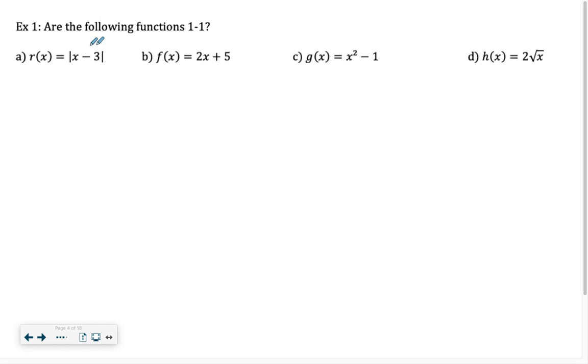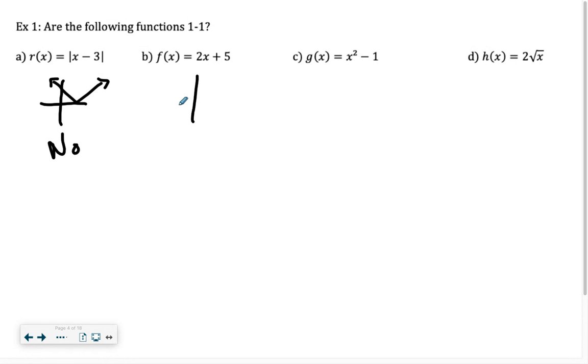So this absolute value of x minus 3, if we can just sketch a quick graph, that's the absolute value function shifted right 3. So that would look something like that. And again, when you're visualizing for this purpose, it doesn't have to be exact. We just want to see what's happening. So this would not pass the horizontal line test. So this function is not one-to-one.